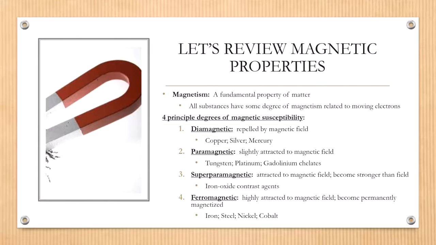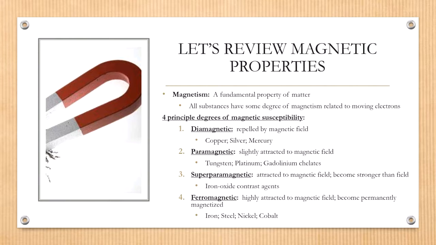When we're talking about magnetism as a fundamental property of matter, we are not talking about magnetism in terms of proton magnetic moments. We are talking about the entire substance as a whole and its ability or inability to be influenced by a magnetic field. When we discuss the fundamental property of matter, magnetism, we are talking about the influence of the magnetic field on the moving electrons.